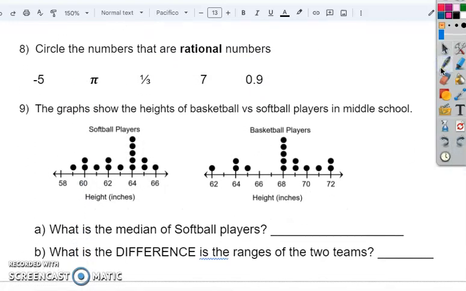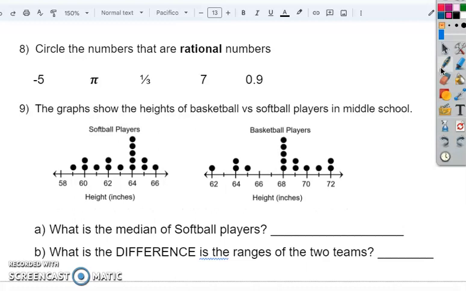Okay, number 8. I'm really going to give this to you, so listen carefully. Circle the numbers that are rational numbers. Every single number that we know is rational in 7th grade, except for pi. So cross off pi. Everything else is rational. Okay?